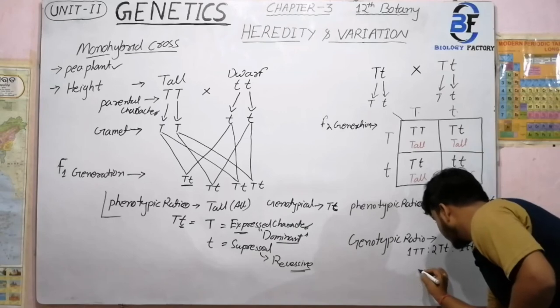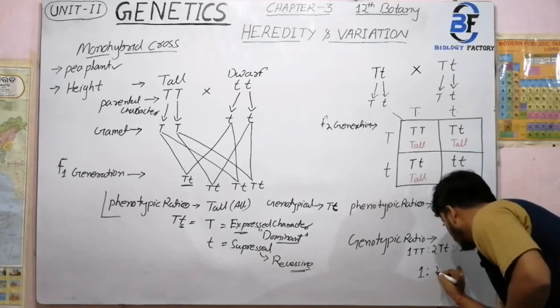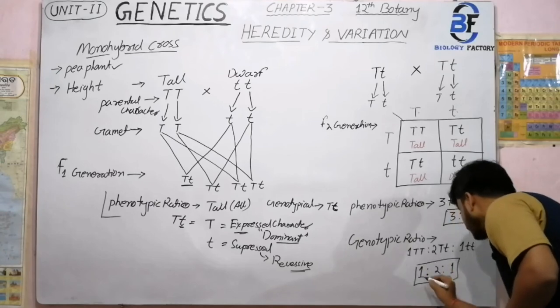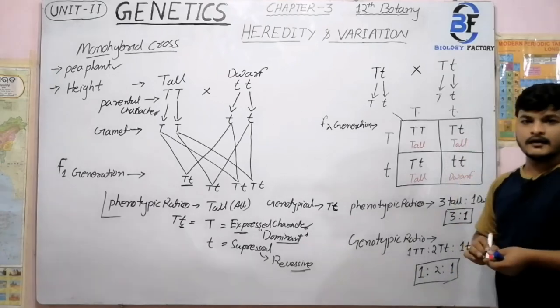So here the resultant is 1:2:1. So it is the genotypic ratio.